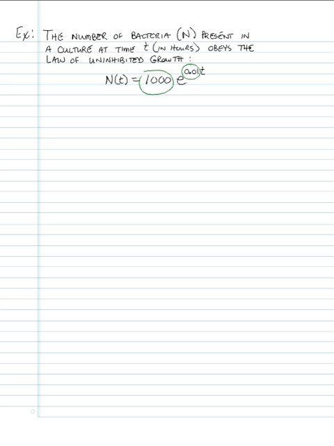Now, because this is the law of uninhibited growth, that k is positive. Remember, that's when we're growing. So in this case, we might identify the N sub 0, rather than saying A sub 0, as 1,000, okay? And the k value, just to make a point, is 0.01, okay?